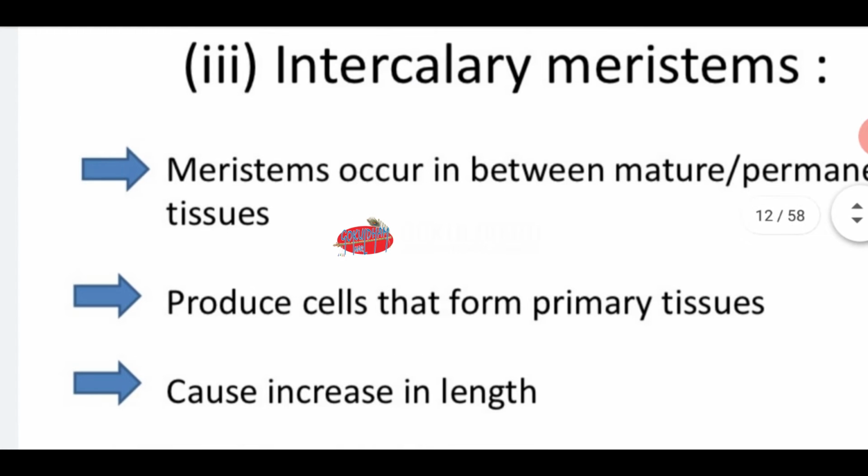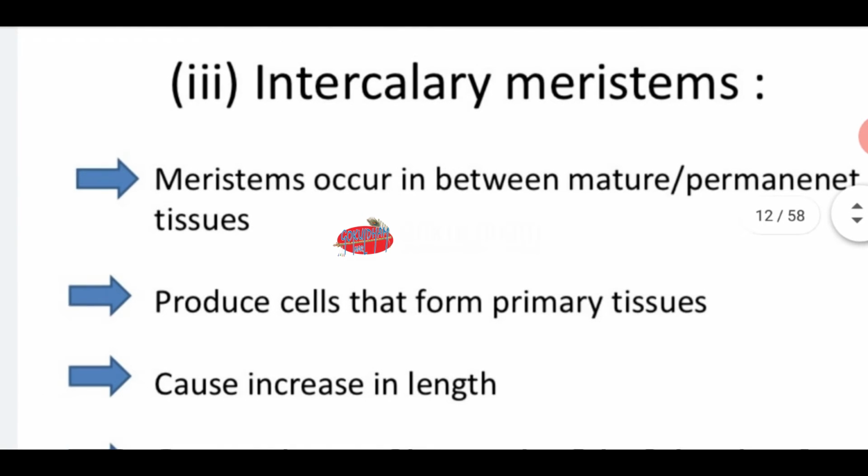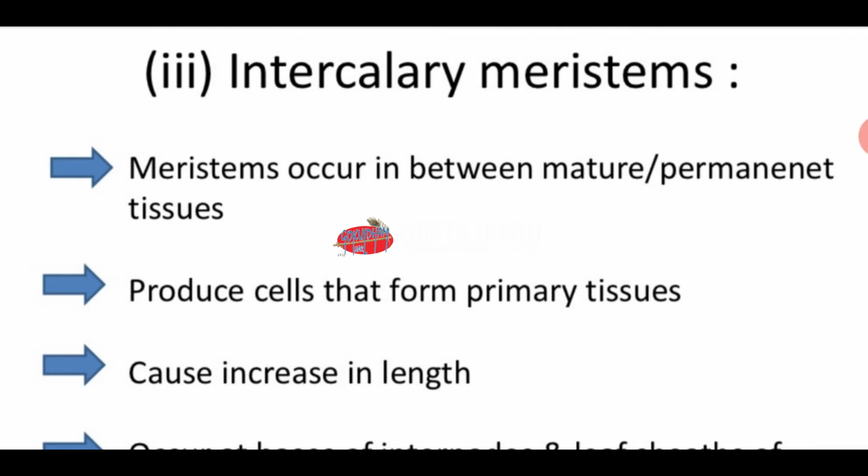Now the third type of meristematic tissue is intercalary meristem. Meristem that occurs in between the mature and permanent tissue. Means जो मेरिस्टेम मैच्योर एंड परमानेंट टिश्यू के बीच में होता है उसे हम बोलेंगे इंटरकैलरी मेरिस्टेम.